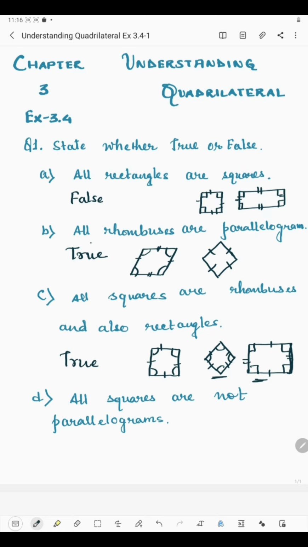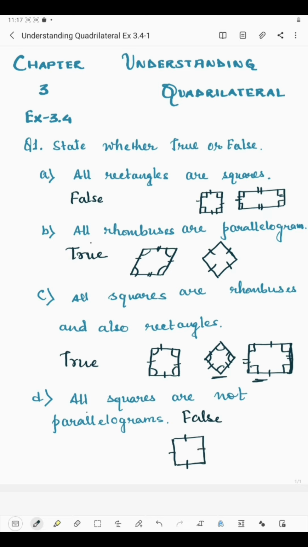Okay, now coming to D part. Now in D part we have: all squares are not parallelograms. So this statement is false, as a square is a parallelogram, as opposite sides in a square are equal and parallel.